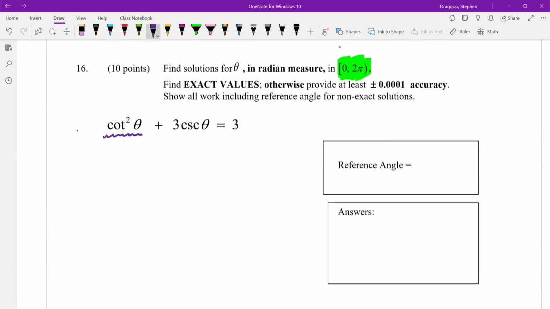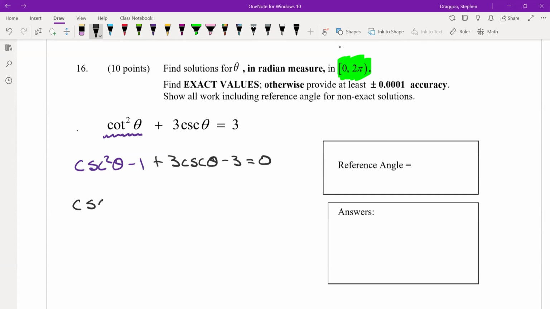So I'm going to use a Pythagorean identity to change that cotangent squared. I know that cotangent squared is equal to cosecant squared minus 1, plus 3 cosecant theta minus 3 equals 0. I know ultimately I want to get this thing equal to 0, so I'll move that 3 over to the left side and then start solving this thing out.